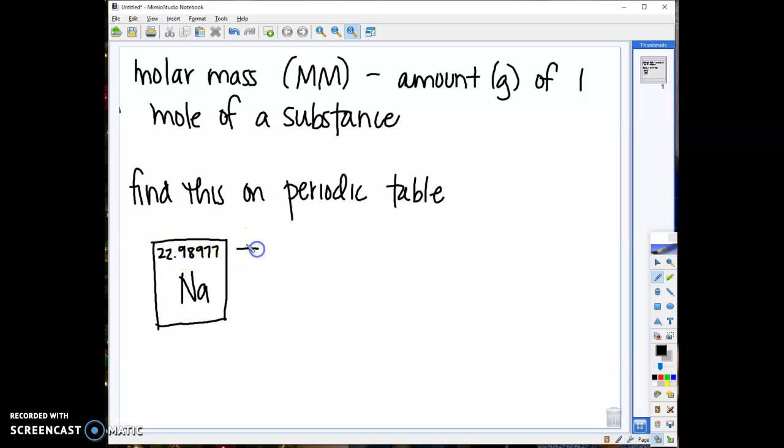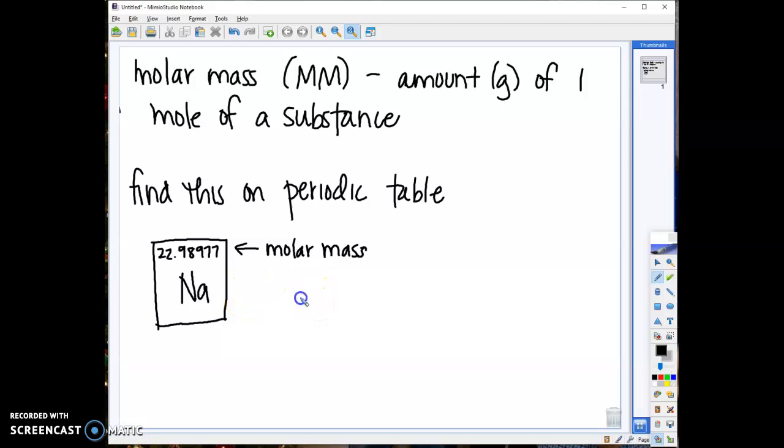So this right here is my molar mass. That is the amount in grams of 1 mole of sodium atoms, which would be 6.022 times 10 to the 23rd atoms. That's how much mass those atoms have, and that's referred to as the molar mass.